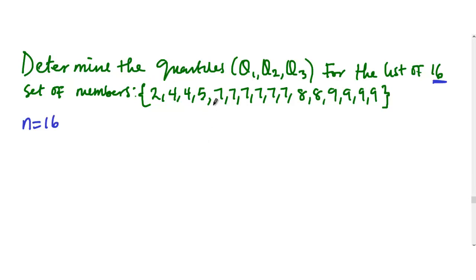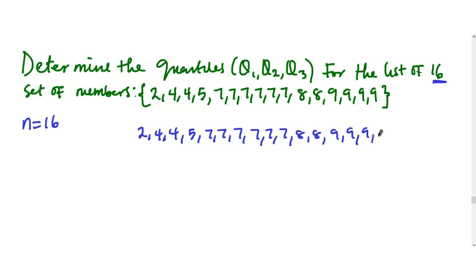So this implies that I have to determine the median of 2, 4, 4, 5, 1, 2, 3, 4, 5, 6, 1, 2, 3, 4, 5, 6, 1, 2, 8, 8, 9, 9, 9, 9.